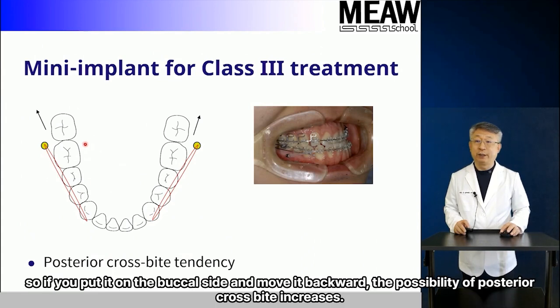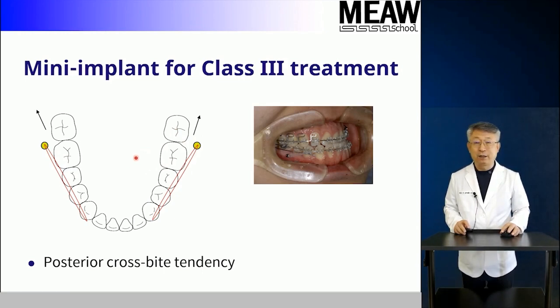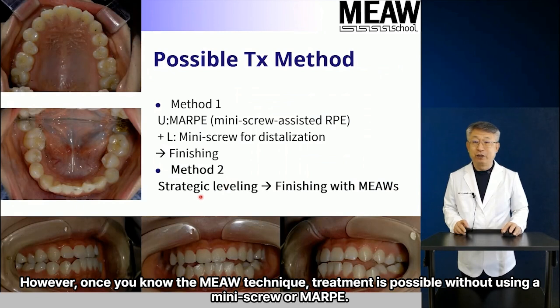So if you put it on the buccal side and move it backward, the possibility of posterior crossbite increases. In that case, the upper arch can be expanded again using a mini screw to resolve the posterior crossbite. However, once you know the Mio technique, treatment is possible without using a mini screw or MARPI.